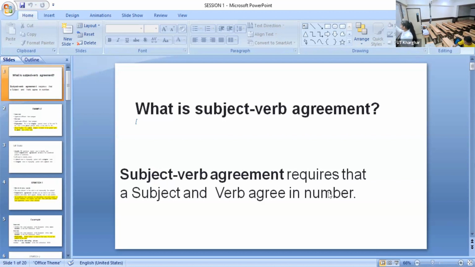And you can write down the first point: agree in number. Saina, clear to you? Okay, have you written it down? Agree in number? Yes, ma'am.